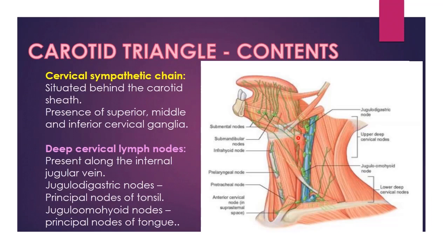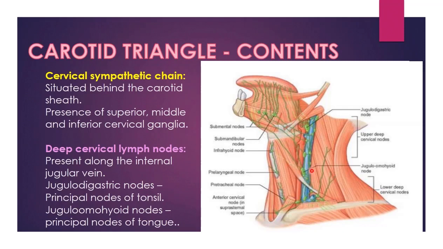So in between these two, you will be able to see the jugulo-digastric nodes. The jugulo-digastric nodes are the principal nodes of the tonsil. They mainly receive lymphatics from the tonsil and from the posterior part of the trunk.